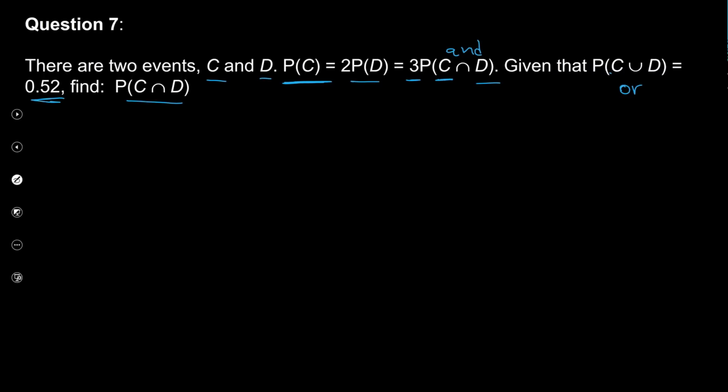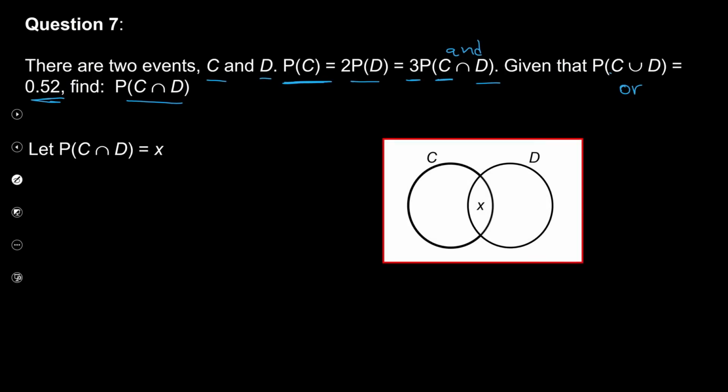Let's draw a Venn diagram and see what we get. So we have event C and D. Start with the intersection. Do we know the probability of C and D? No. Let's make that X. Are we together?